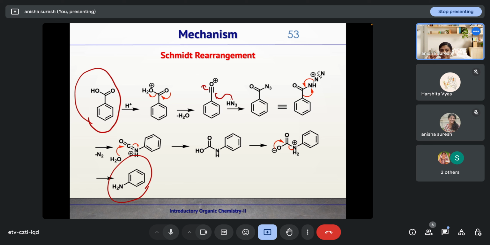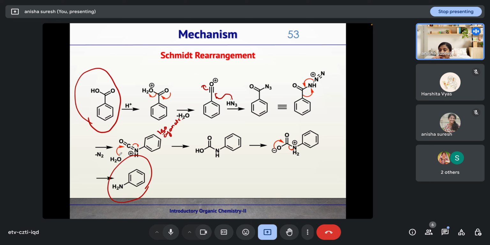Now what will happen: this N2 can leave and a negative charge will be formed, and when it is shifting here, this bond will migrate to nitrogen and an isocyanate intermediate will be formed. Isocyanate.